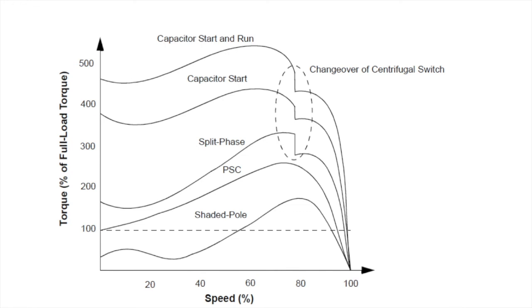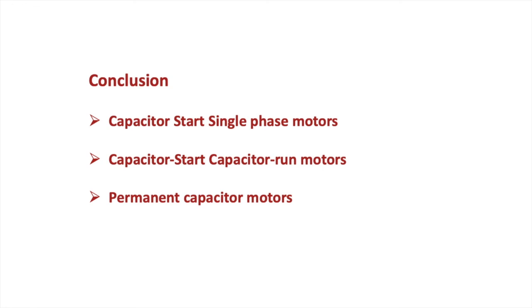The split phase has better performance, but there is switching by the centrifugal switch when the rotor picks up speed. The capacitor start gives better characteristics, quite high starting torque, and the capacitor start and run gives the maximum starting torque and the maximum pull-out torque.